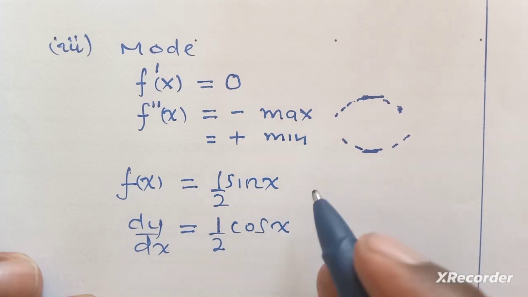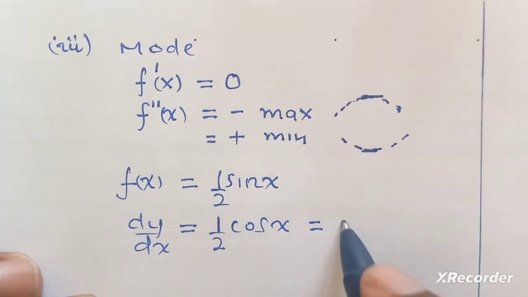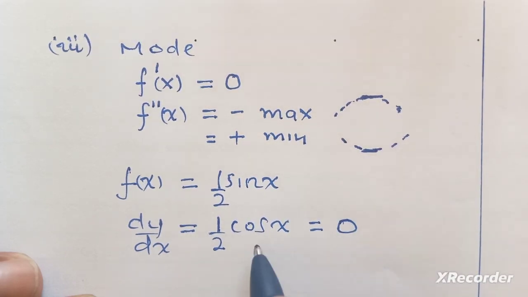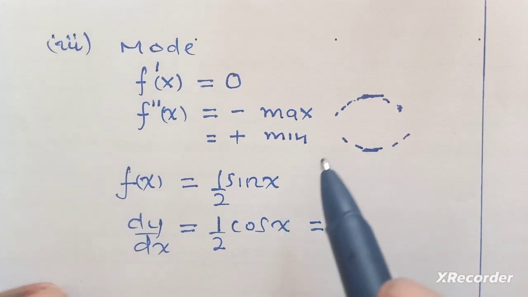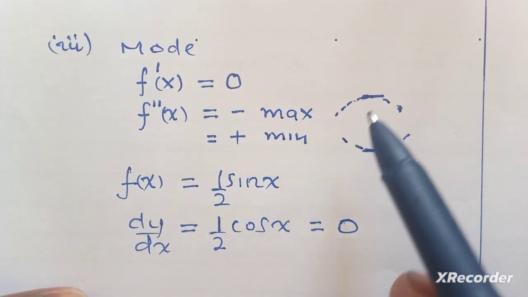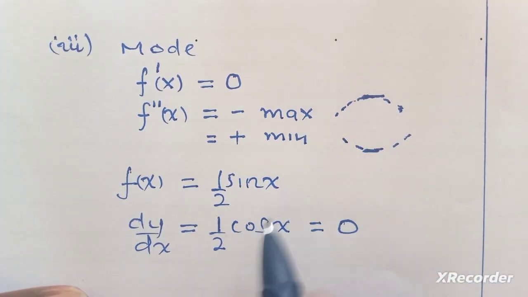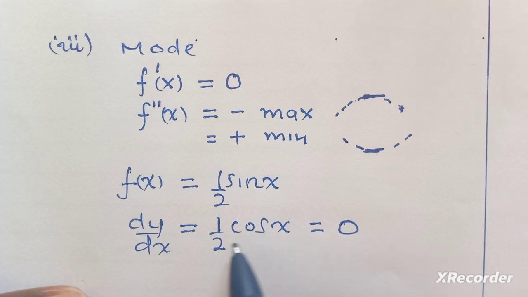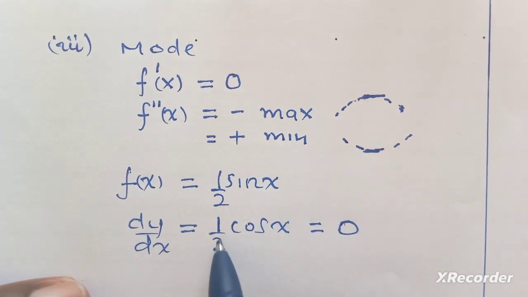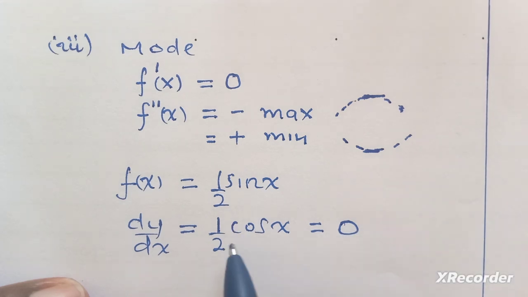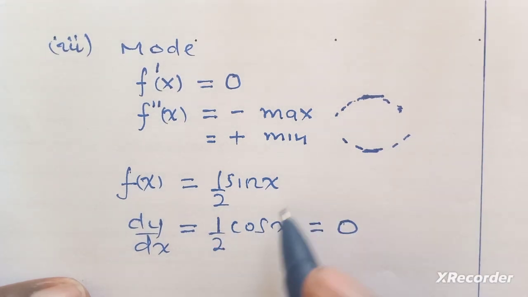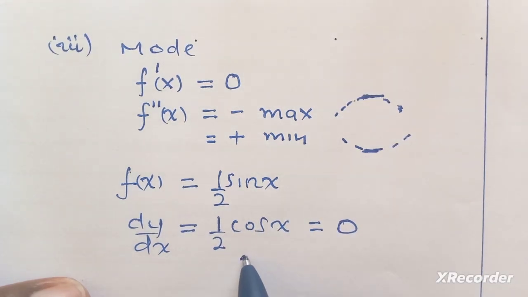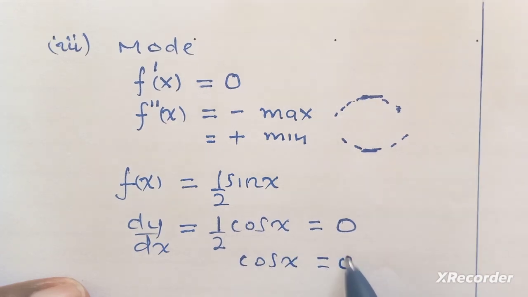We equate it to 0, so that we can get the point at which the graph is a maxima or minima. So now we say either a half is 0 or cos x is 0. We know a half is not 0, so cos x is 0. Cos x is equal to 0, like that.